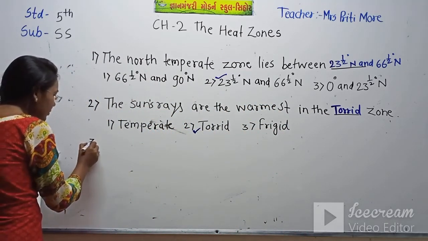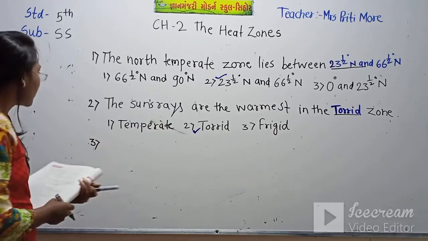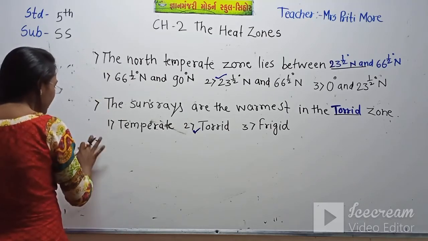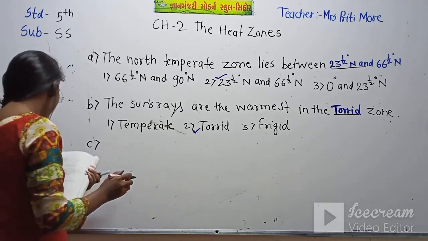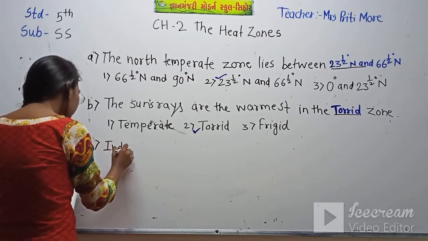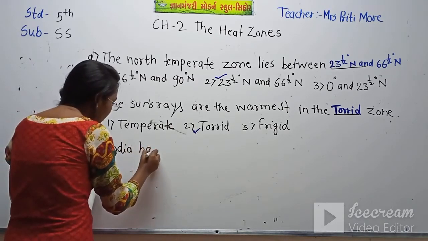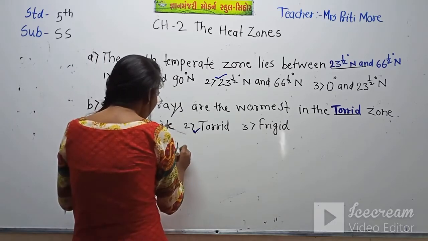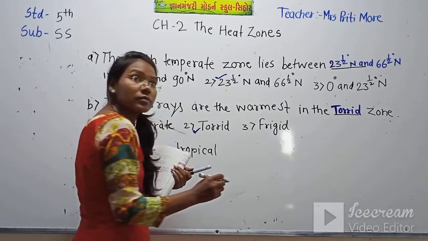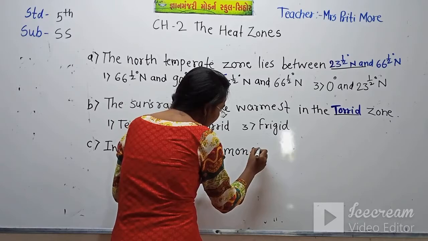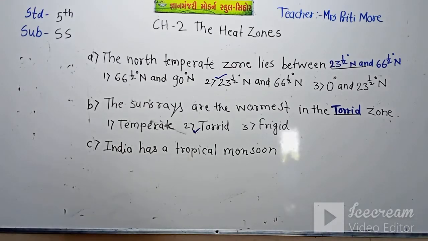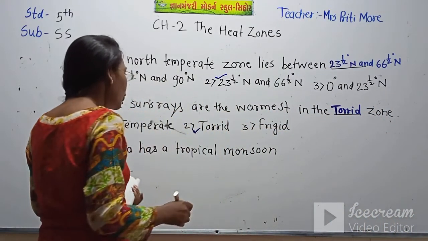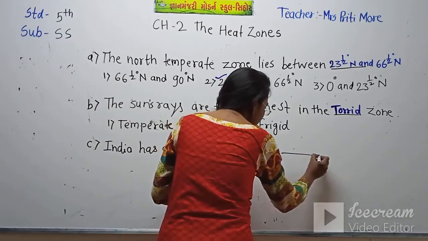Now the third one. The letters are A, B and C. India has a tropical monsoon, blank space.